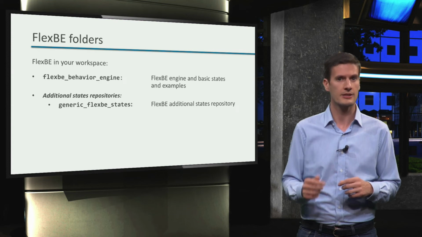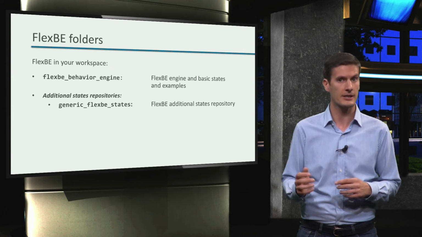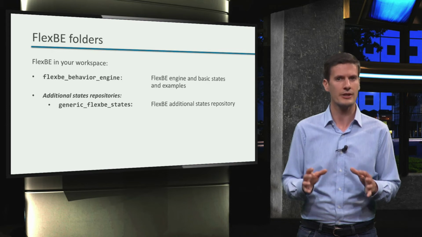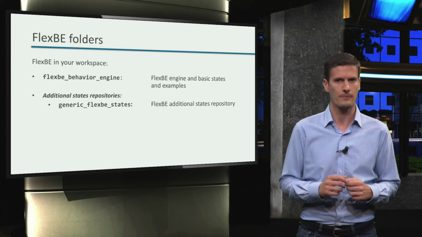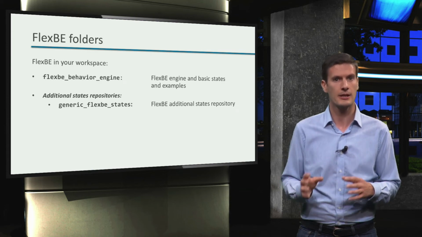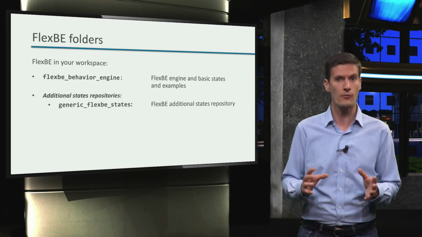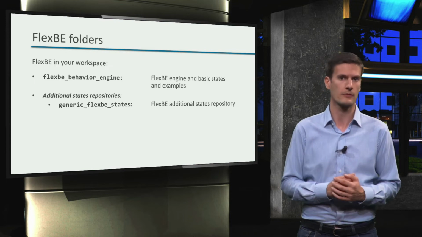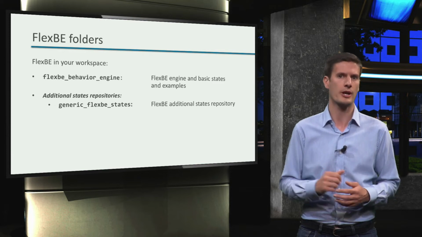One is the generic FlexBE states, a repository by the FlexBE maintainers that contains generic states that provide standard ROS capabilities. For example, states that interface the move group node for planning, or another state for the move base node for mobile robot navigation. We will explore them when we create our behaviors.